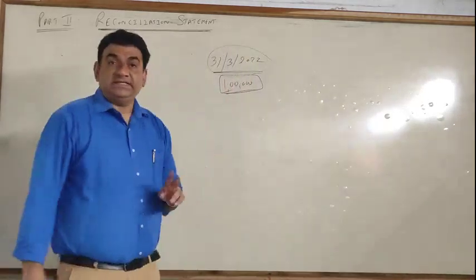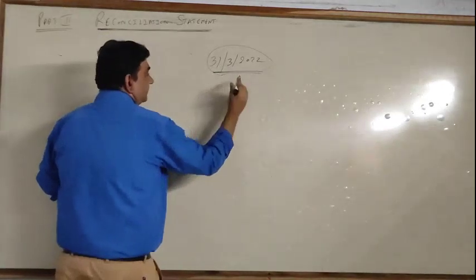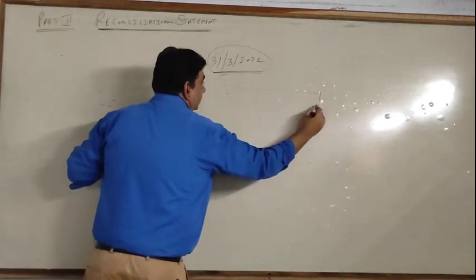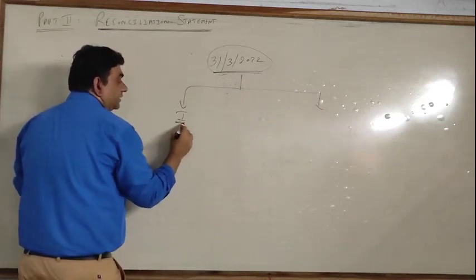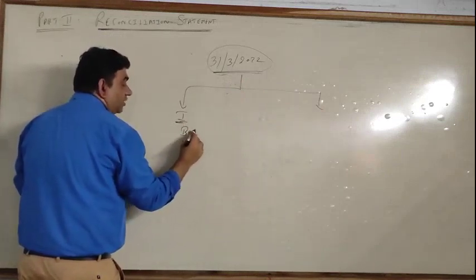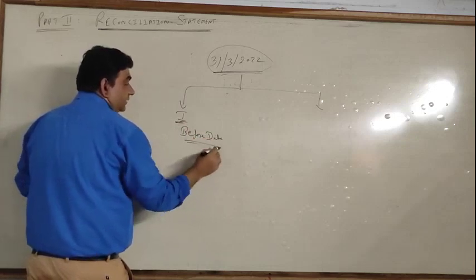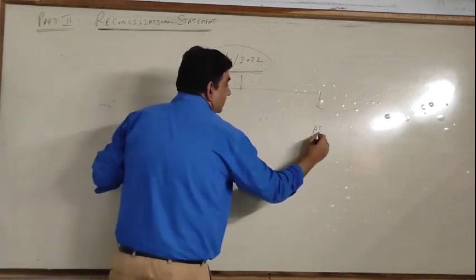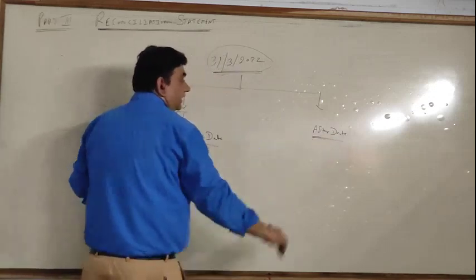There are 2 possibilities. Understand this. My date is 31st March. In the first case, the company takes the stock before date, and in the second case, the company takes the stock after date.